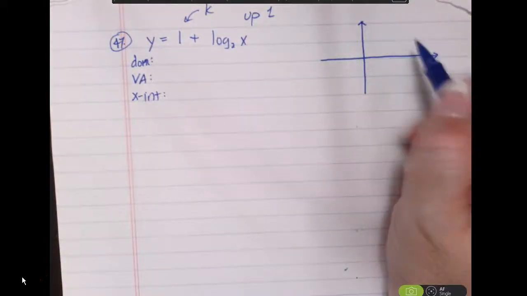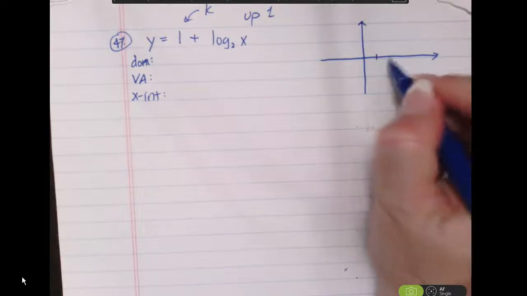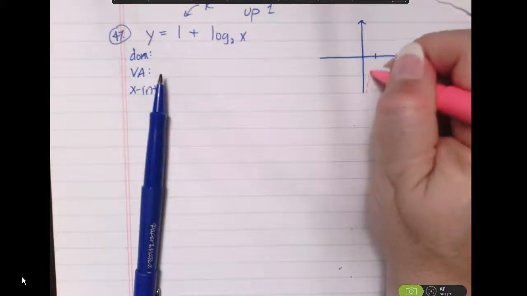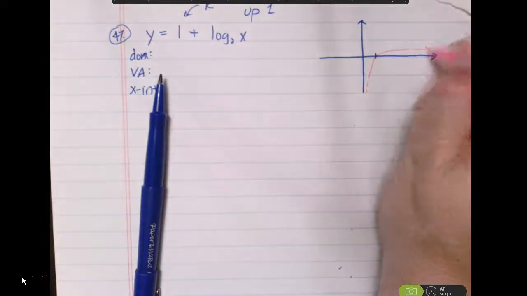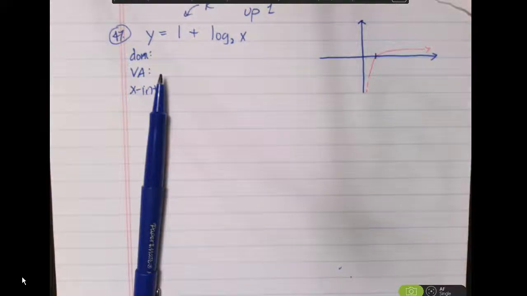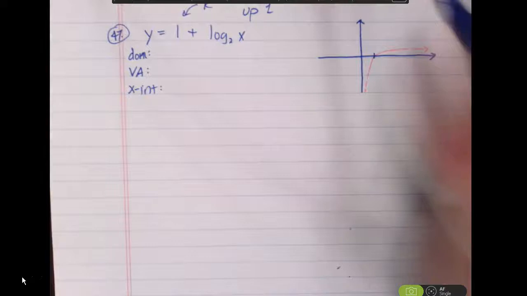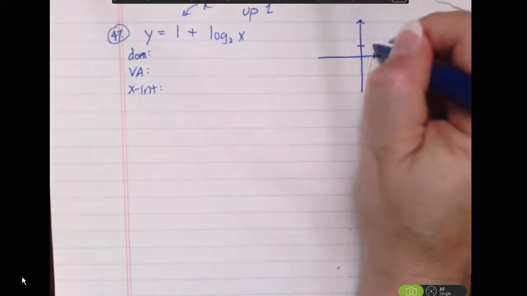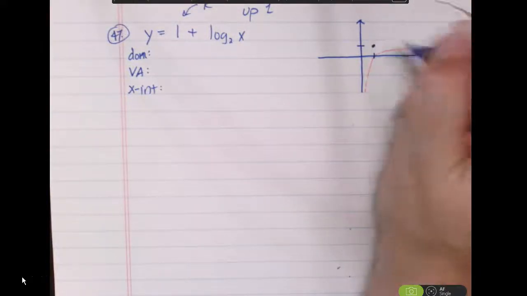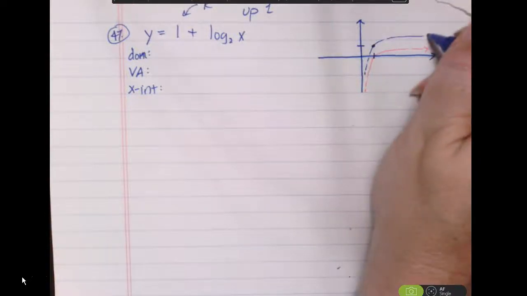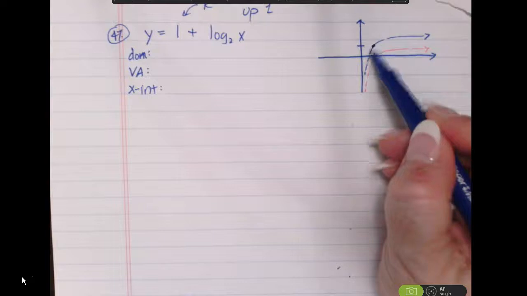So we'll see. Because logarithms are so new, I like to have that parent function there so that when I do my transformation, I can move that critical point and visualize it.